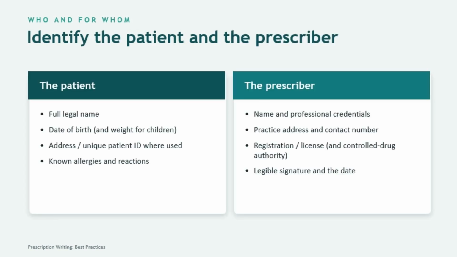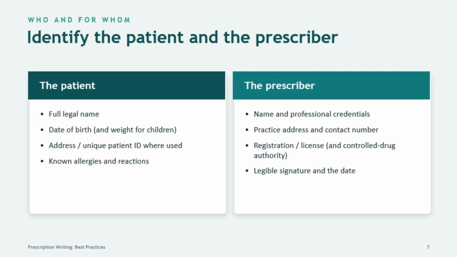Every prescription answers 2 questions: who is it for and who wrote it. For the patient, I want the full legal name, the date of birth, and for children, the weight, because so much of pediatric dosing depends on it, an address or unique ID, and any known allergies.